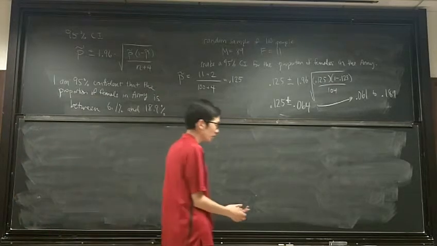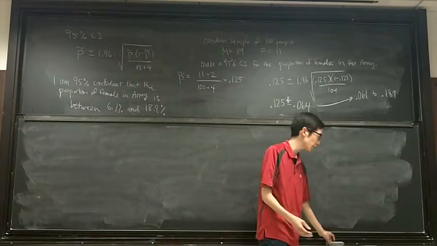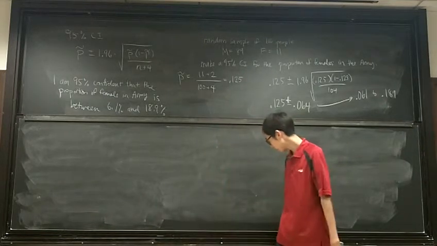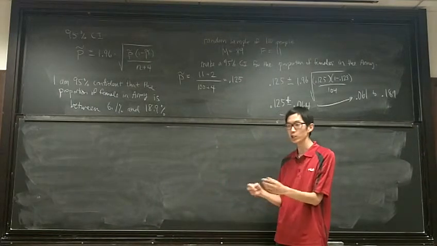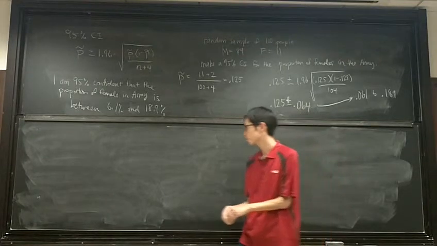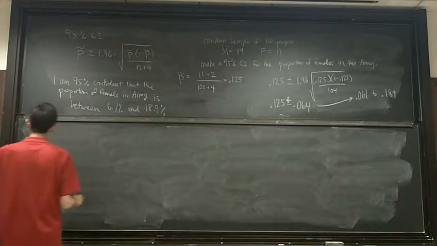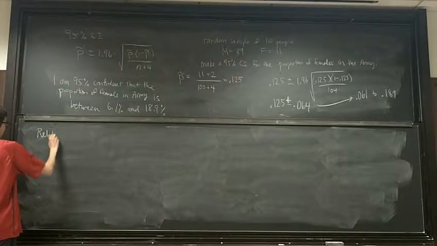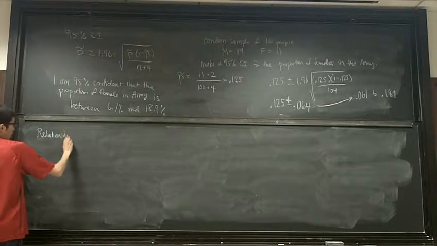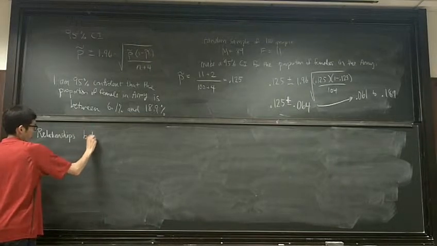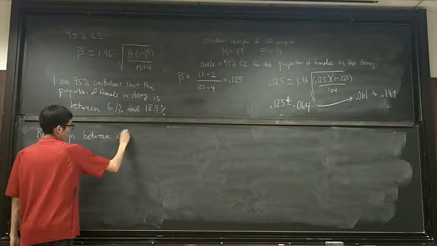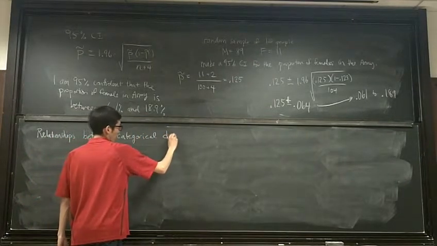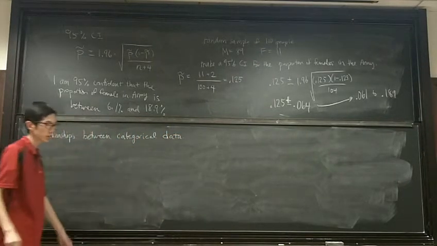The chi-square test can also be applied to categorical data, to see if there are relationships between categorical variables. Okay. So now, relationships.